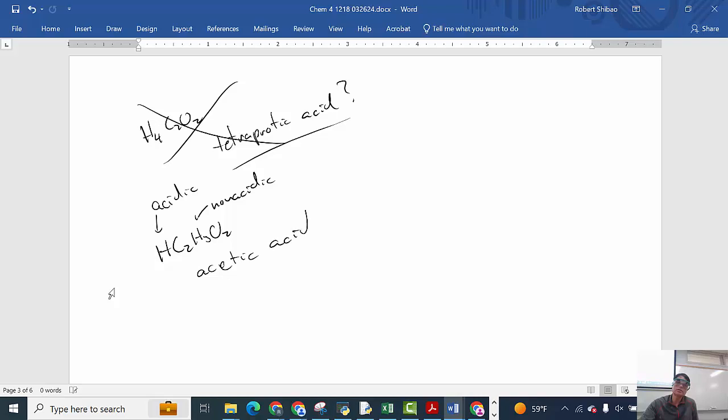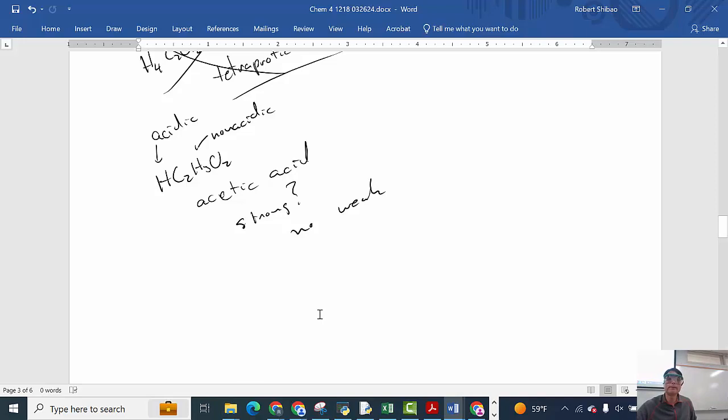Acetic acid, is it strong? No, it's weak. Do weak acids ionize or hydrolyze 100%? No. And so weak acids only partially ionize. We represent that by uneven arrows here.